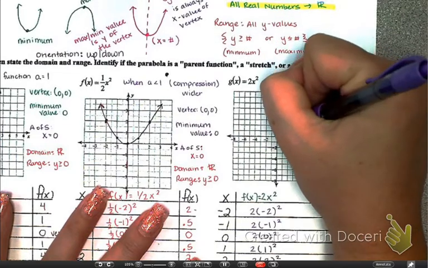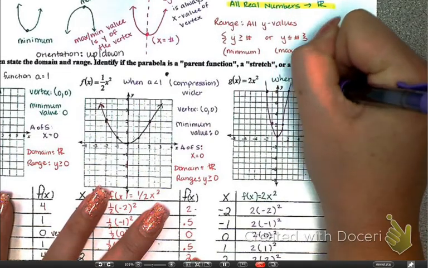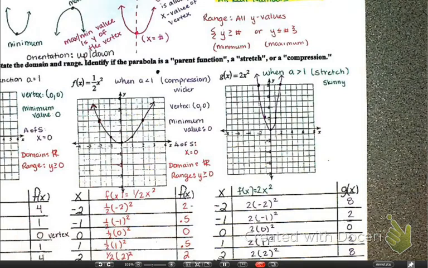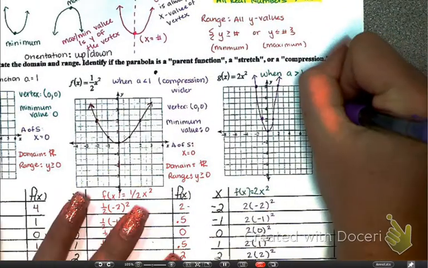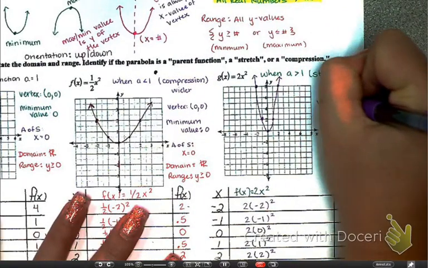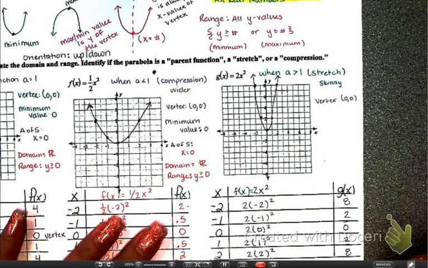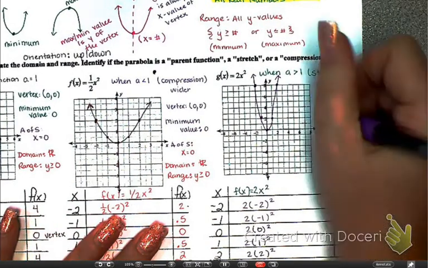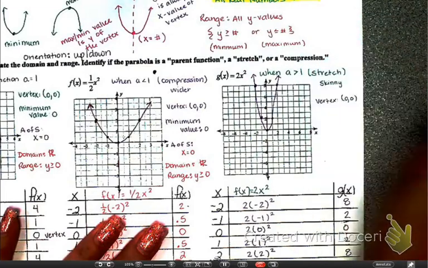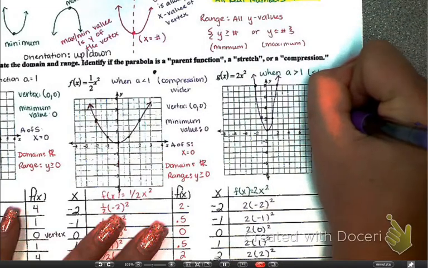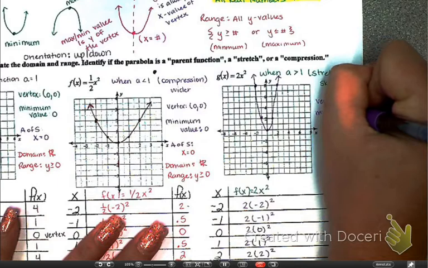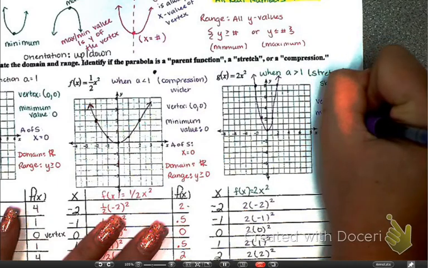Did your graph become skinnier than the initial one? Yes. Okay, there was a stretch because my a value is greater than 1. So the vertex is at 0, 0. You have a minimum value at 0.